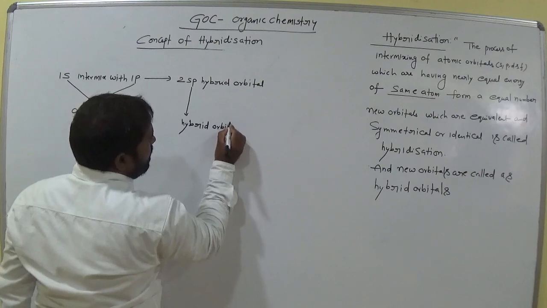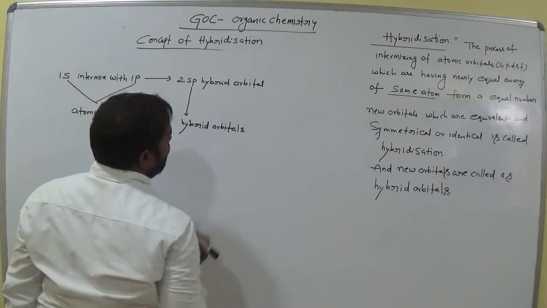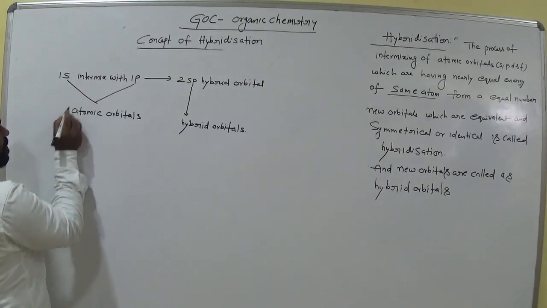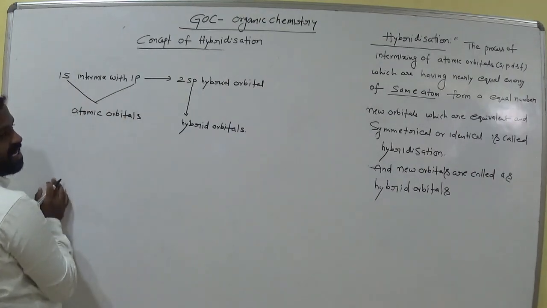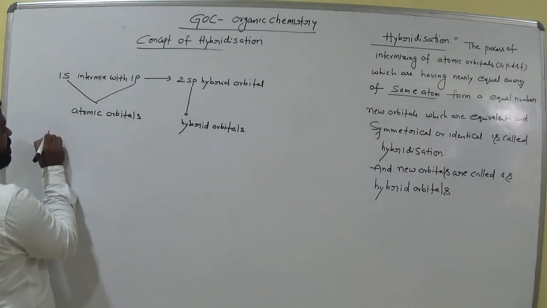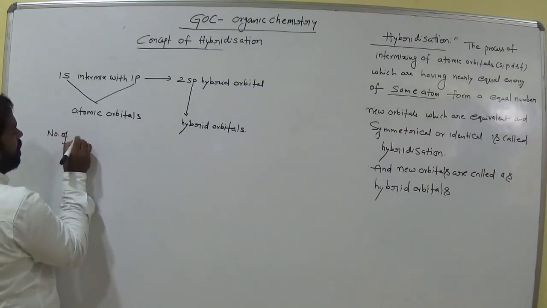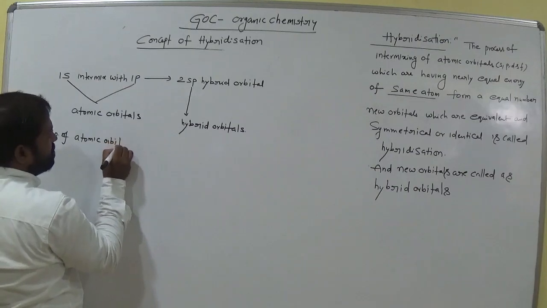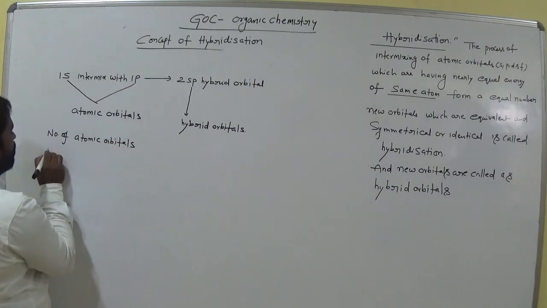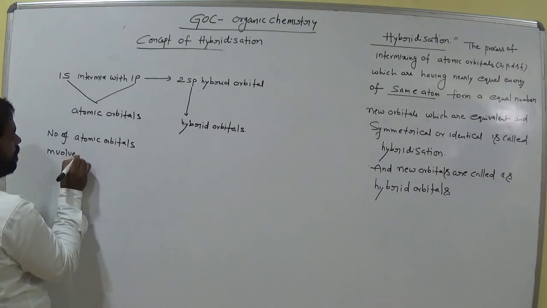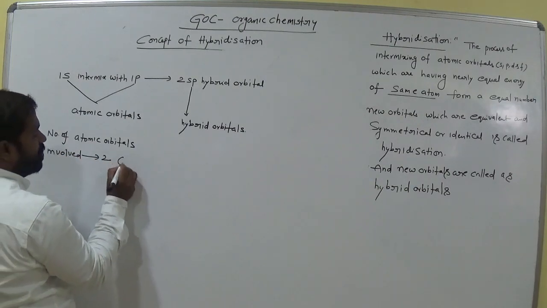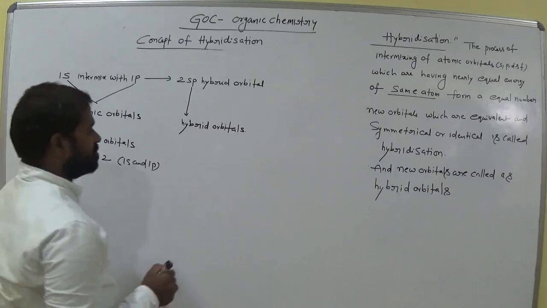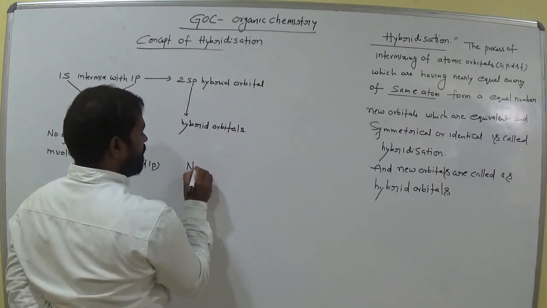So the number of atomic orbitals involved is two, one s and one p.